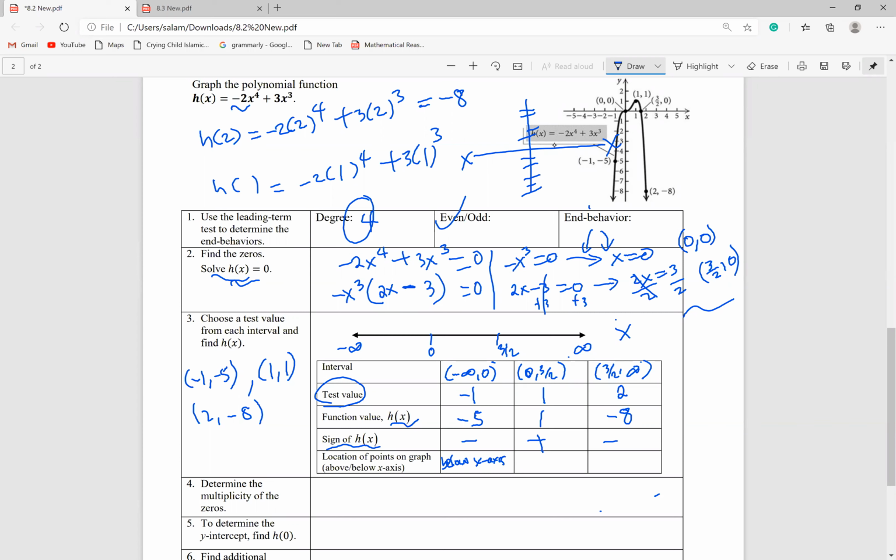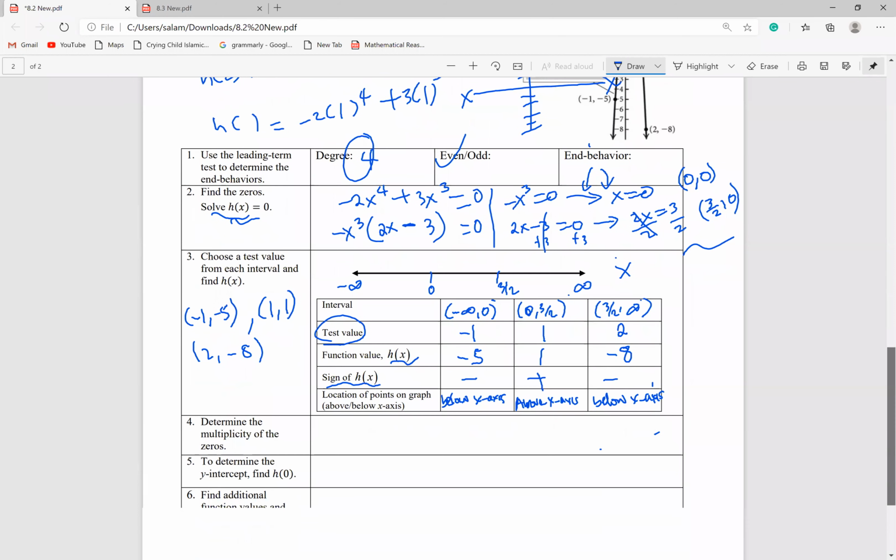Then this is plus, so that's going to be above the x-axis, and this is negative, so that's going to be below the x-axis. And that is what that is used for. Like I said, this is just giving us some hints for the graph.